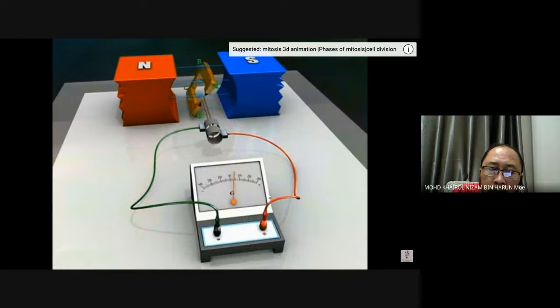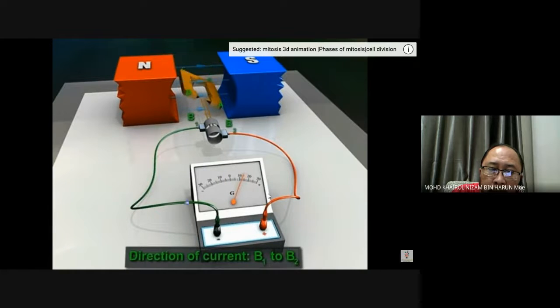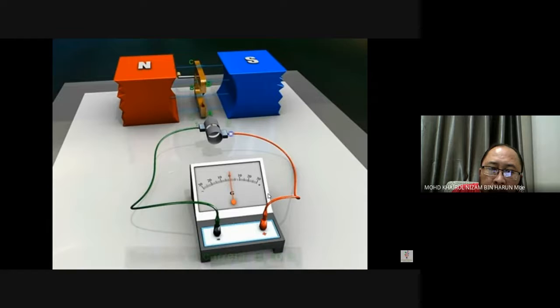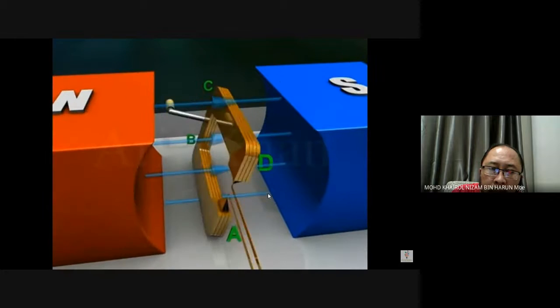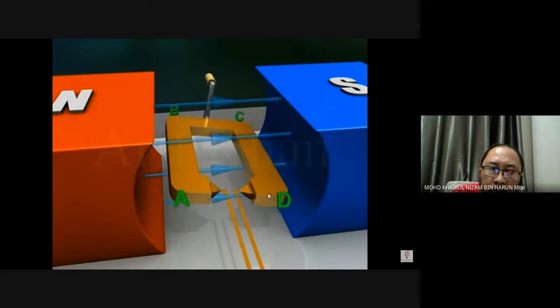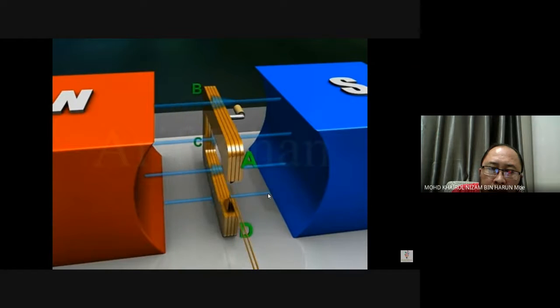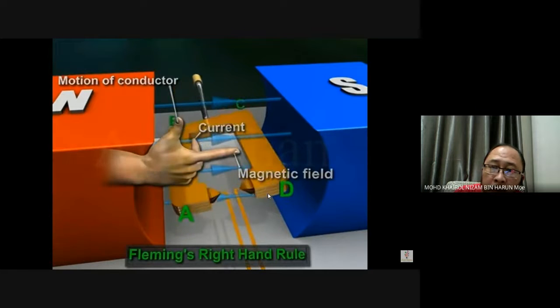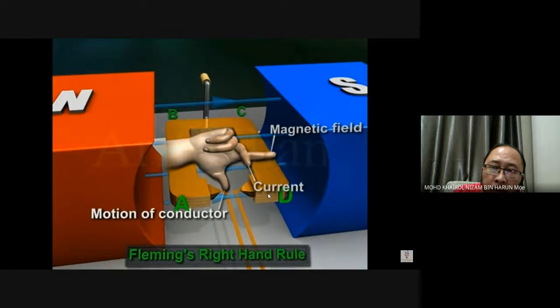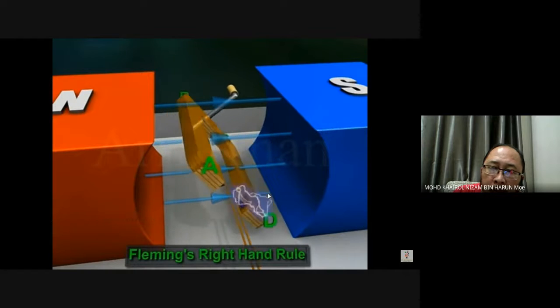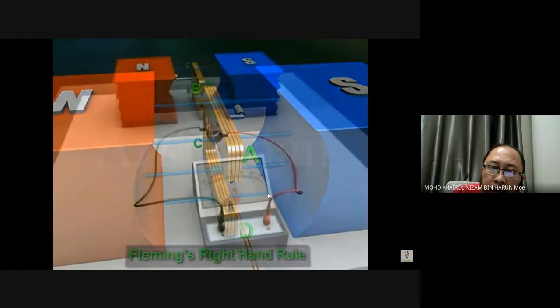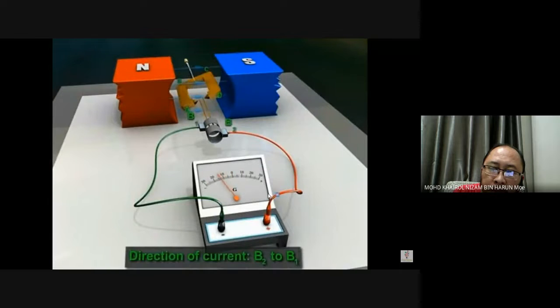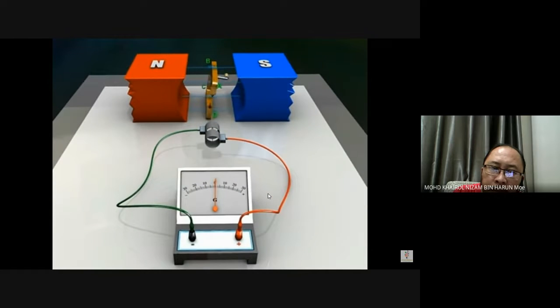So, the current will flow from B1 to B2 through the galvanometer. Now during the next half rotation, arm AB moves up while arm CD moves down. Again by Fleming's right-hand rule, current will flow in the direction ABCD, that is, from B2 to B1 through the galvanometer. Thus, the induced current changes its direction every half rotation.